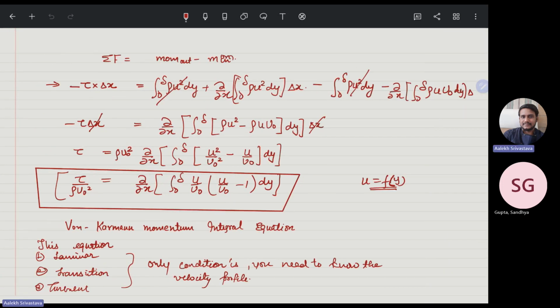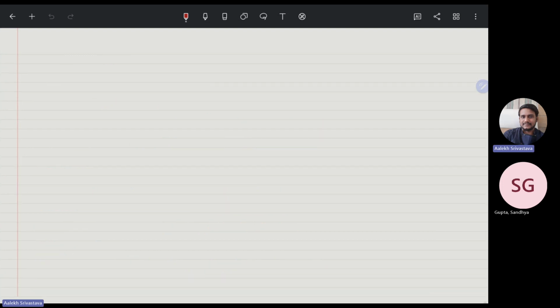Now this is like one equation, and last class we had discussed the momentum thickness and the displacement thickness. So displacement thickness, last time we discussed, is denoted as delta 1, and it is equal to the integral from 0 to delta of 1 minus small u by capital U dy.